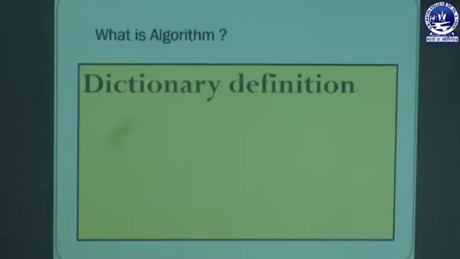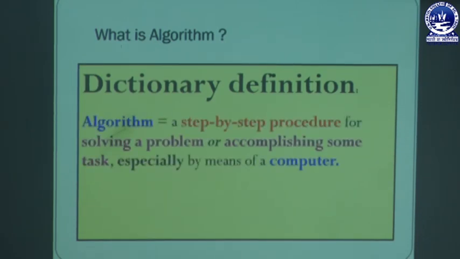So let's see what the algorithm is, what the characteristics of an algorithm are, and how we can write the algorithm in different manners. The dictionary definition of algorithm is: an algorithm is a step-by-step procedure for solving a problem or accomplishing some task, especially by means of a computer.